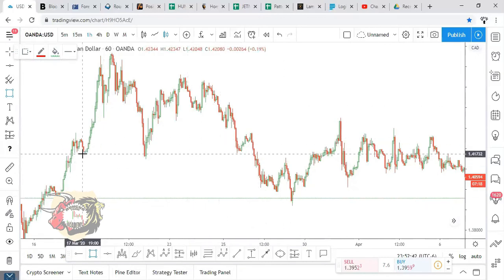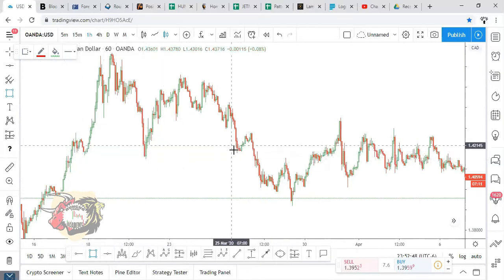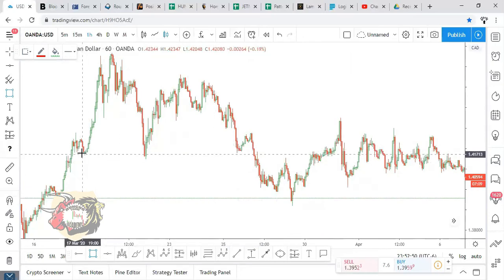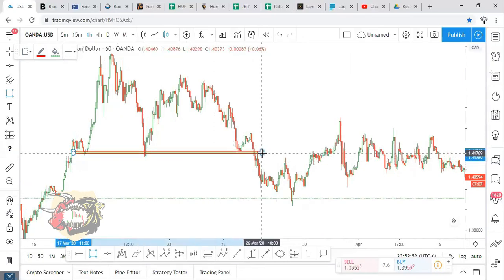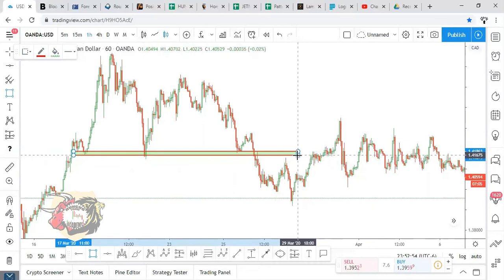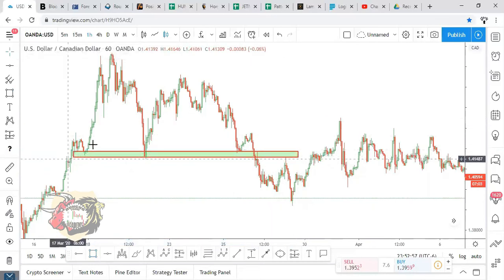So I'm going to start from this place because I'm seeing this level of this side, this side, and this side. I'm seeing it as a level of support, so I'm going to try it out. Can you see? This is one touch, another touch, another touch. So I'm going to see another touch at this zone.